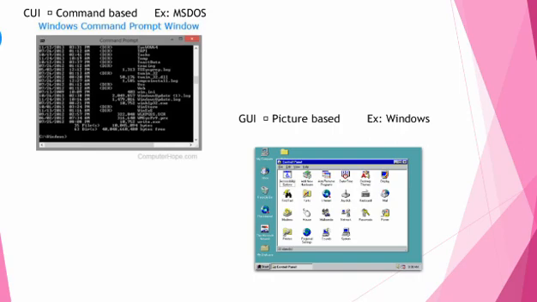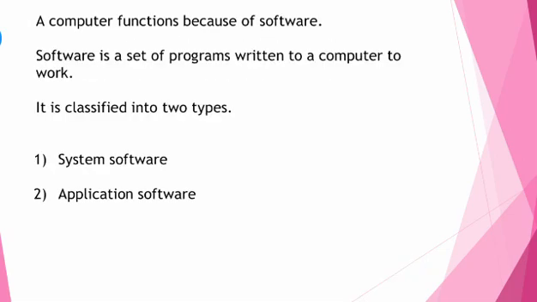Hope you understand this. Once again, take your notes and sum up what we have learned today. The first thing we have seen is that the computer functions because of software. Software is a set of programs written for the computer. It is classified into two types: system software and application software.